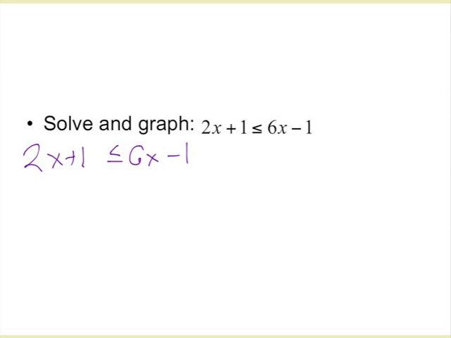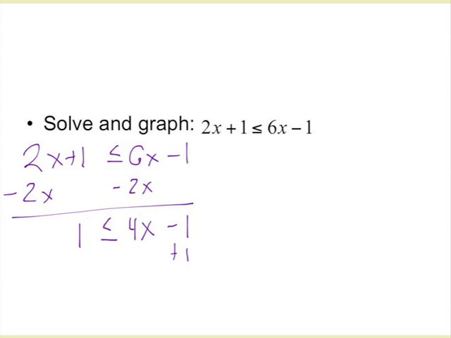So the first way of solving this one is when we had equations that had variables on both sides, I said my preference is usually to keep the variable as a positive value. So what I would do on this one as an equation is begin by subtracting 2x from both sides. So that gives me a 1 less than or equal 4x minus 1.